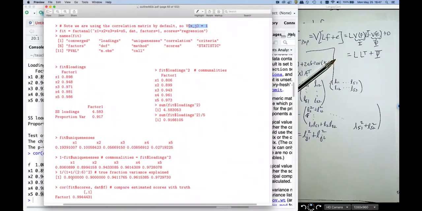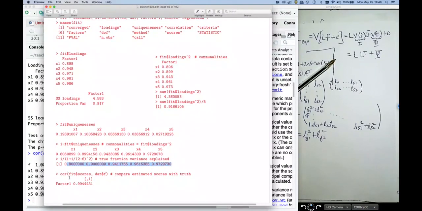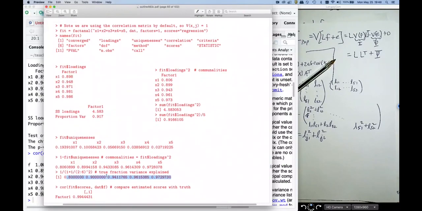And you're going to notice these values match the commonalities very closely. I'll just show one more thing, which is the correlation between my estimated factor scores, which are stored in the scores part of the list, and the true factors, which in real life I wouldn't get to observe.